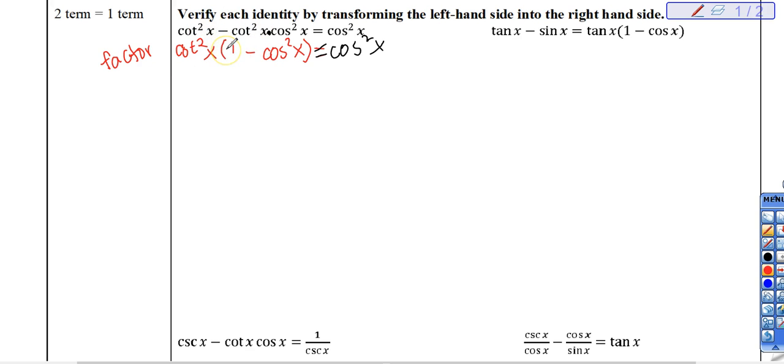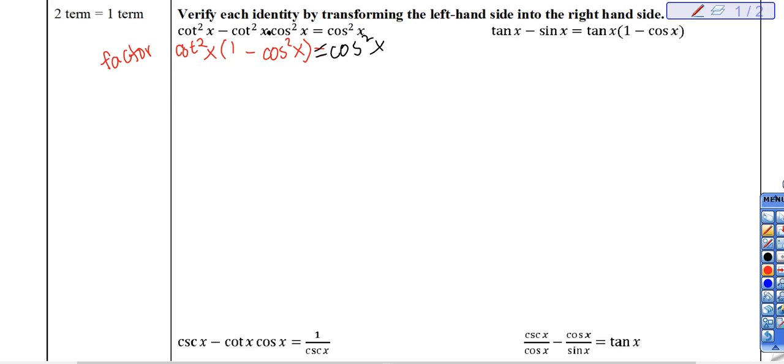Now, before I move on to decomposition, let's continue with step 1. Do you see any trig identities that could simplify either of these things? Right here, what can I replace 1 minus cosine squared x with? Sine squared x. You got it.